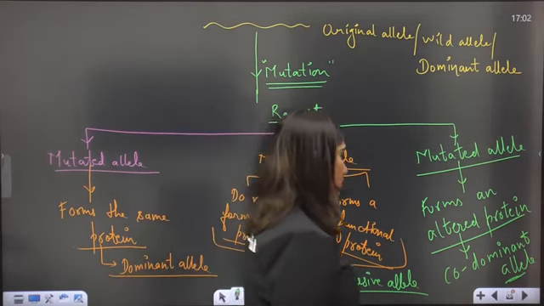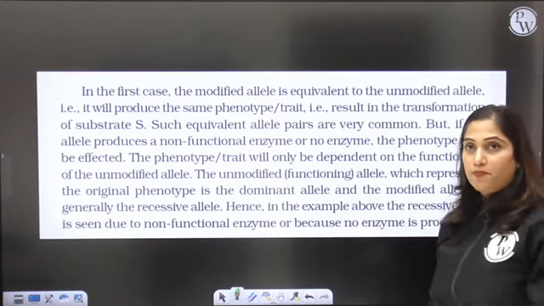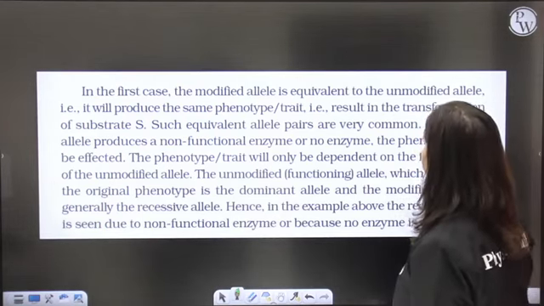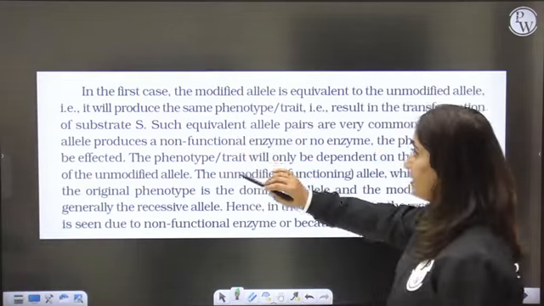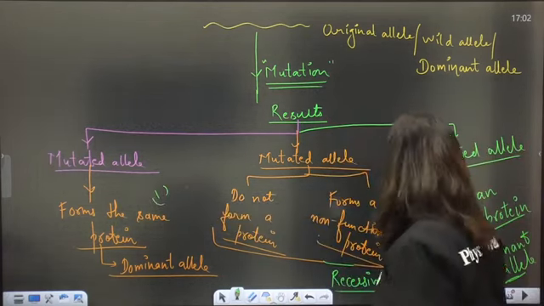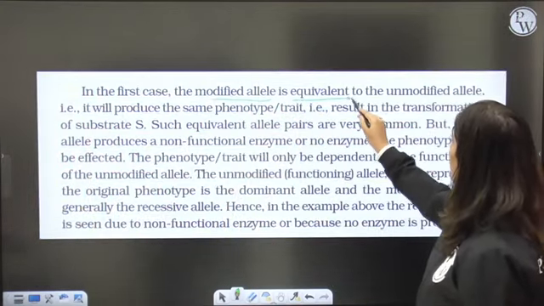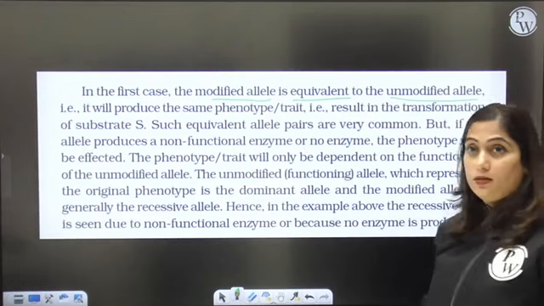Okay. Now let's see what NCERT has to say about it. In the first case, the modified allele is equivalent to the unmodified allele. Got the line?